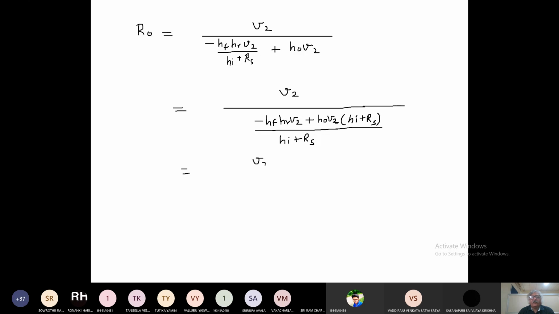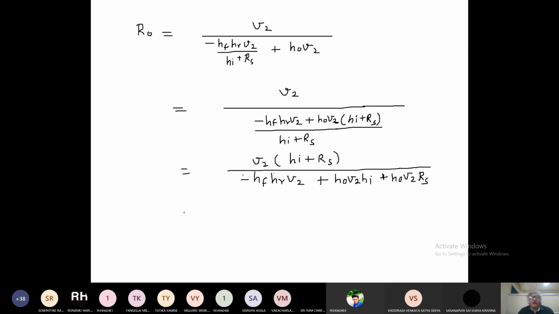So we will get V2 (HI plus RS) divided by minus HF HR V2 plus V2 HI, I am opening this bracket, H naught V2 RS.